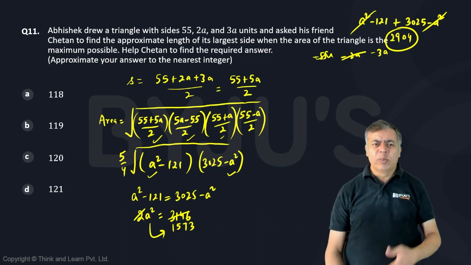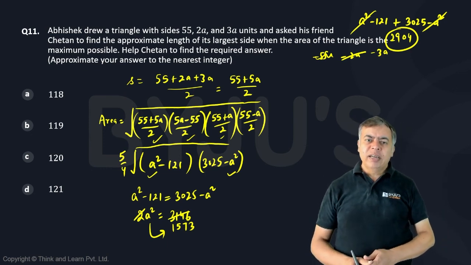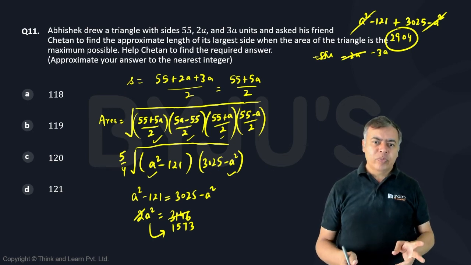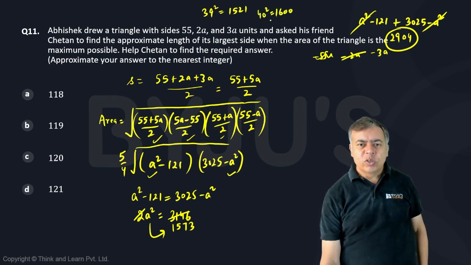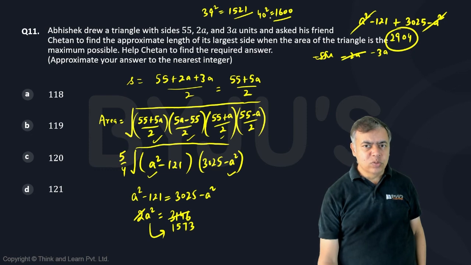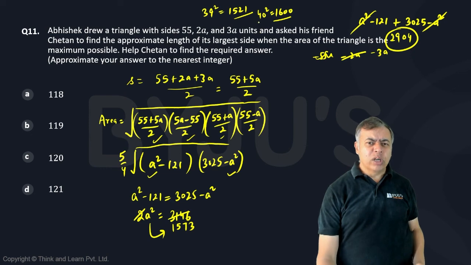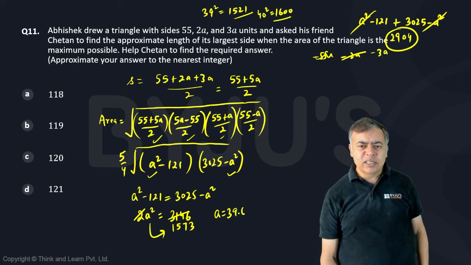Because he is asking to approximate to the nearest integer: 39 square is 1521 and 40 square is 1600. So 1573 is in between these two, close to 39.5 or 39.6. So a must be about 39.6.